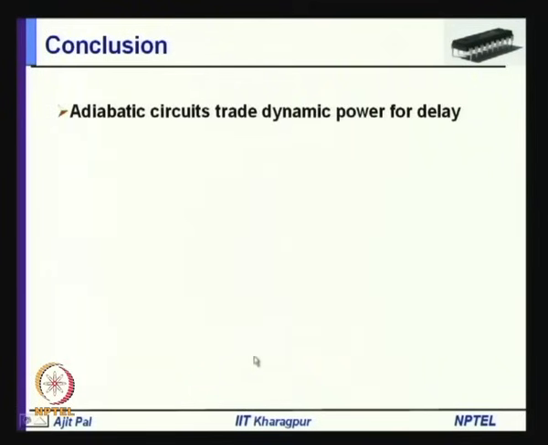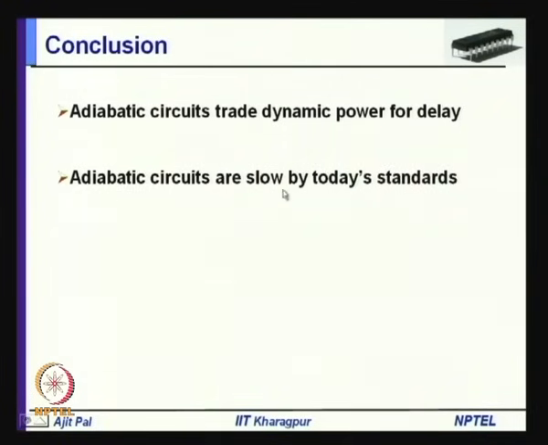So, we can conclude our lecture with a few statements. Adiabatic circuits trade dynamic power for delay, as you have seen, and adiabatic circuits are slow by today's standards. As you have seen, they can operate only in the megahertz range, not in the gigahertz range. They are much slower by today's standards, but there are many applications where we can use these adiabatic circuits.